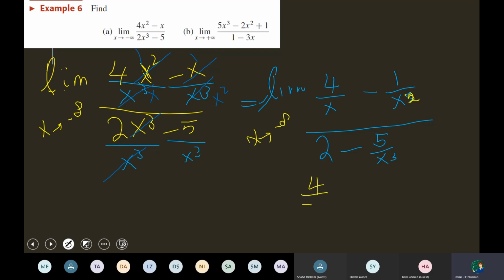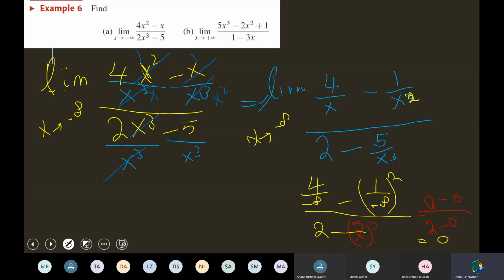So it will be 4 over negative infinity minus 1 over negative infinity squared, over 2 minus 5 over infinity cubed. Then after that, 4 over infinity is 0, minus 1 over infinity is also 0, over 2 minus 0. So the answer will be 0 over 2, which is 0.